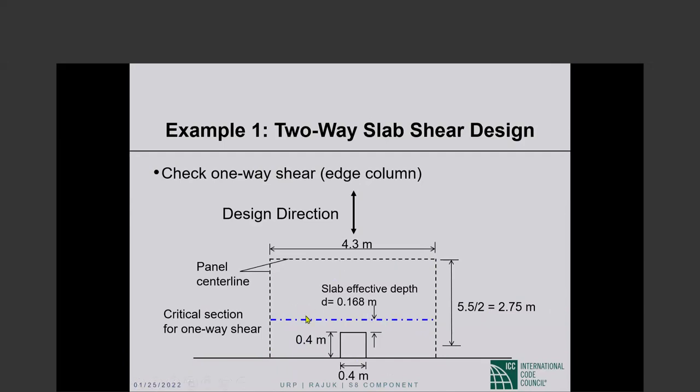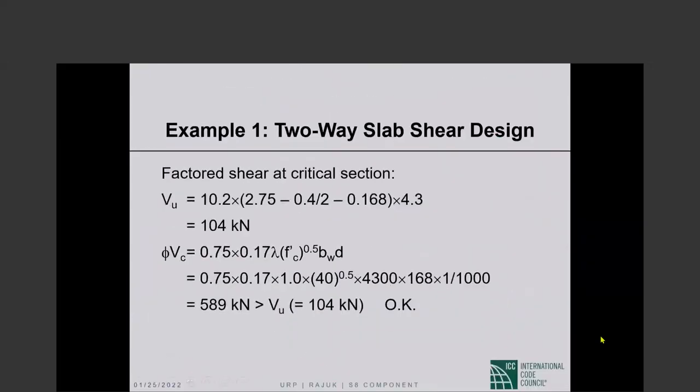So the shear, which is the factored load sitting on this portion of the slab from the blue line to the panel center line, is 10.2 is the load, 2.75 is from the center line of the column to the panel center line, minus half the column width, minus the distance from the column face to the critical section, and then the width of the panel.